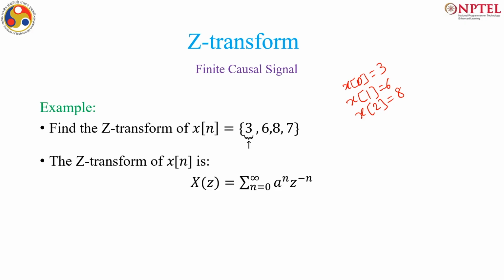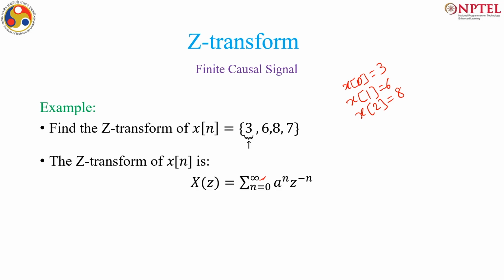How do I calculate the z transform? I will use the formula, but the formula says minus infinity to infinity, but I know that the sequence will not exist below 0. Also this infinity you can replace, because after index 3 everything will be again 0, because this is a finite length sequence.